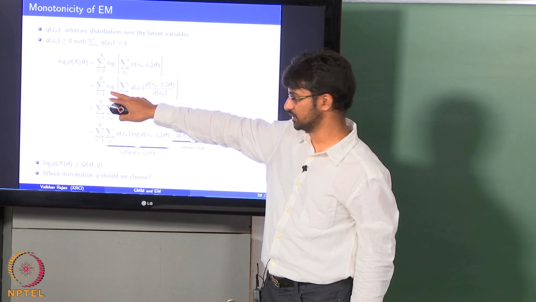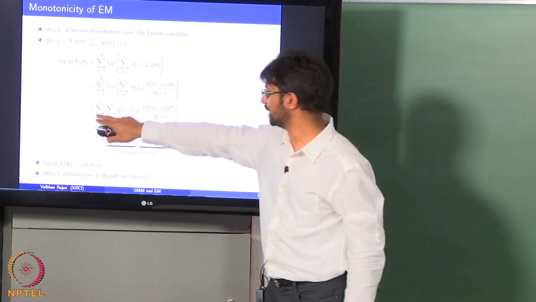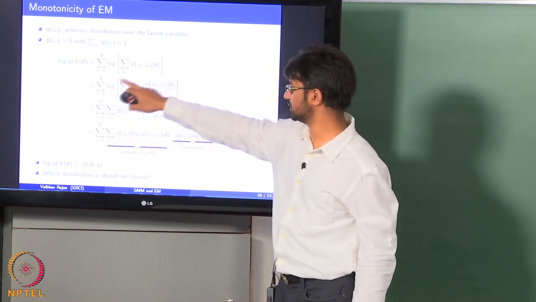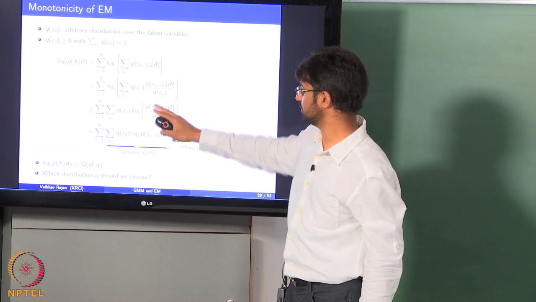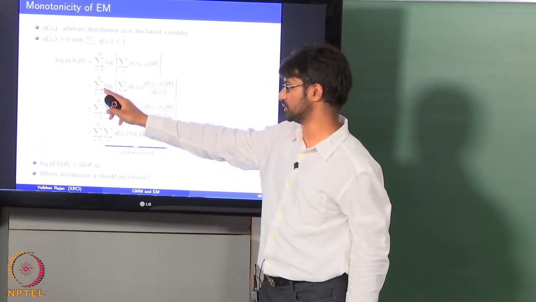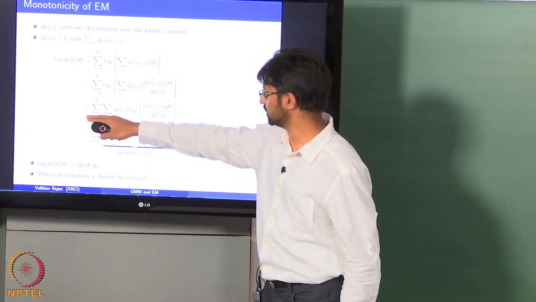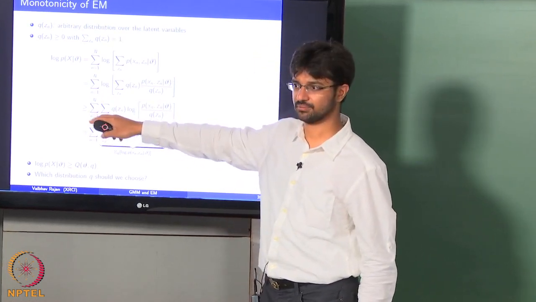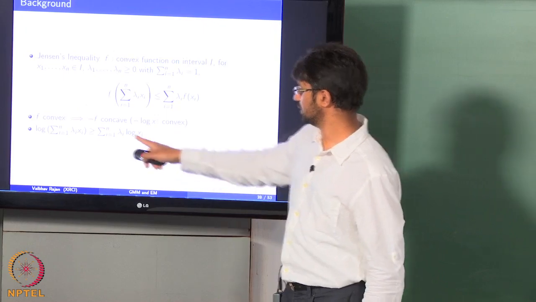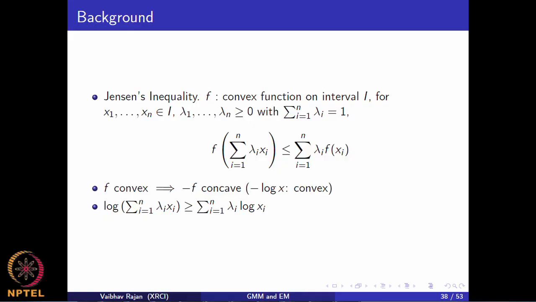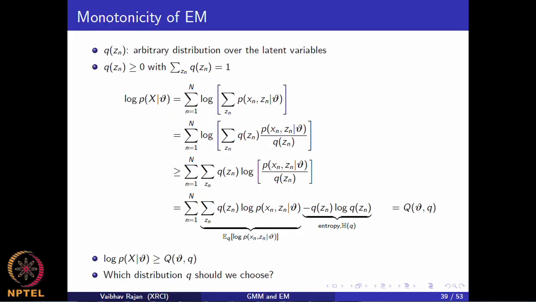So we can apply Jensen's inequality here and get a lower bound on this expression, right. So basically take the summation outside and get the log inside, and this lower bound just follows from Jensen's inequality, right. All we have done is applied this inequality, and the lambda i's are the q(zn)'s here, because they are probabilities, the assumptions are true.